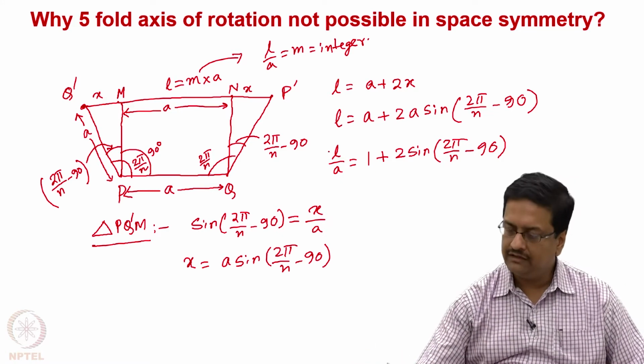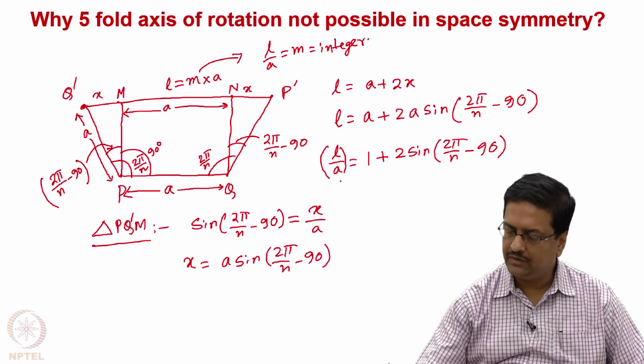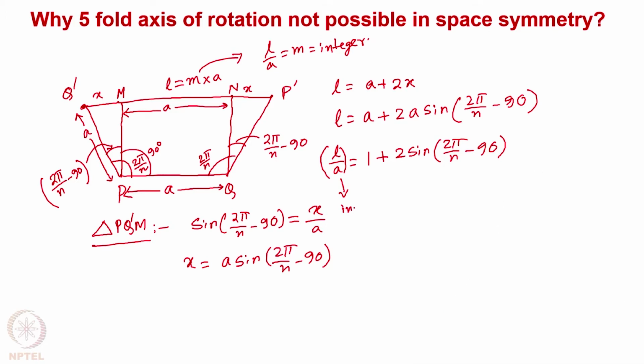That means to have an integral value of this L by a, the right hand side, which is 1 plus 2 sine of (2 pi by n minus 90), has to be an integer, which means this 2 sine of (2 pi by n minus 90) has to be an integer.